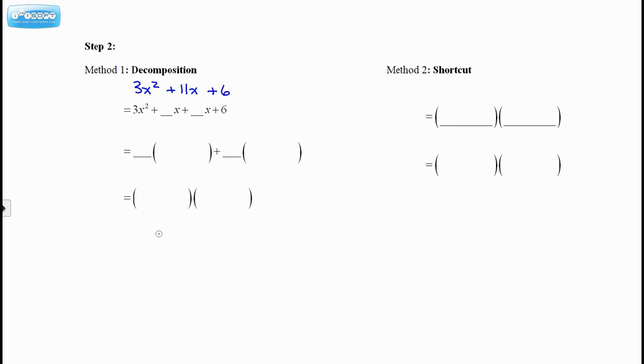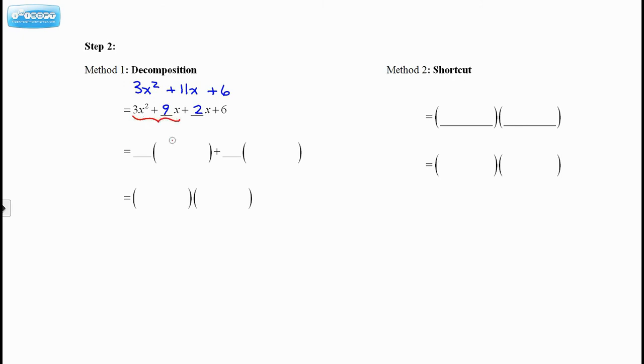Okay. But what I've done here in this line right here is I've broken the 11x into two pieces. Well, what two pieces? Well, I didn't find those two numbers above for nothing, 9 and 2, because 9x plus 2x is still 11x. But why did I break this middle term into these two pieces?